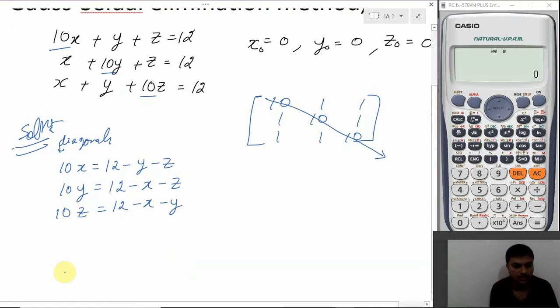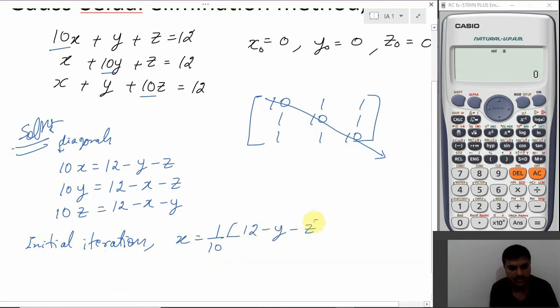Now therefore our first initial iterations. Yes students, quickly you have to tell me the initial iterations. I can see x is equal to 1 upon 10 in the bracket 12 minus y minus z, then y is equal to also 1 upon 10, 12 minus x minus z.